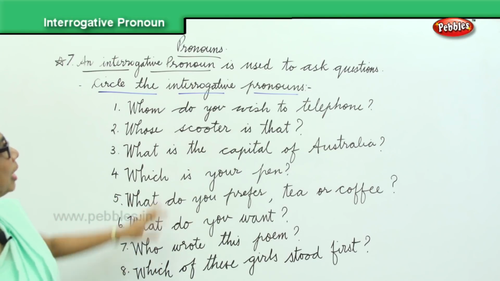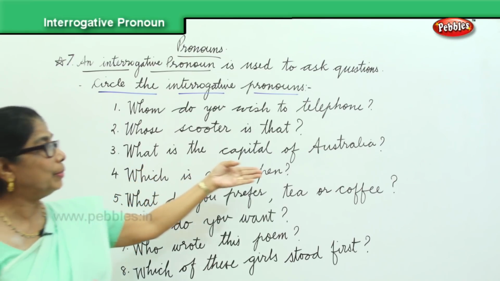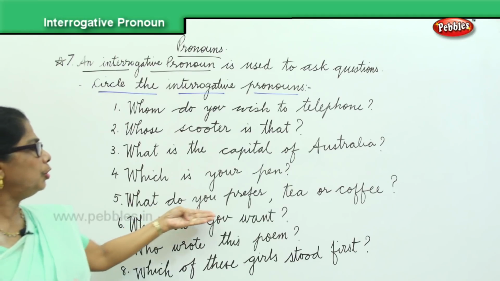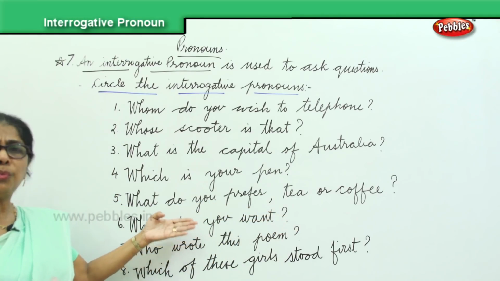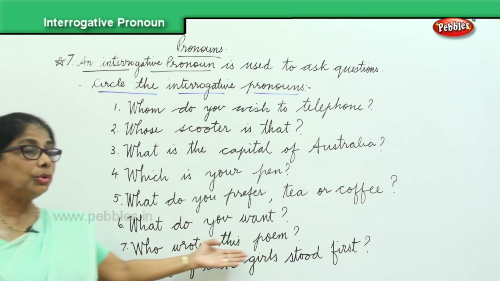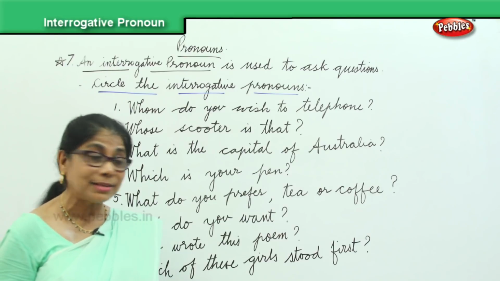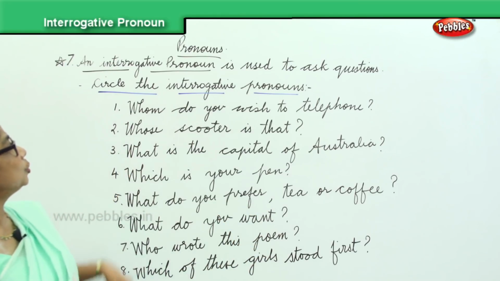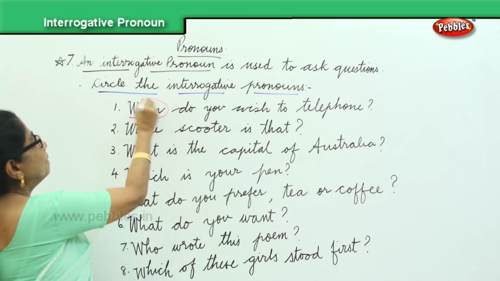Whom do you wish to telephone? Whose scooter is that? What is the capital of Australia? Which is your pen? What do you prefer, tea or coffee? What do you want? Who wrote this poem? Which of these girls stood first? So all these are interrogative pronouns. In the first one, circle the interrogative pronoun. First one is whom.